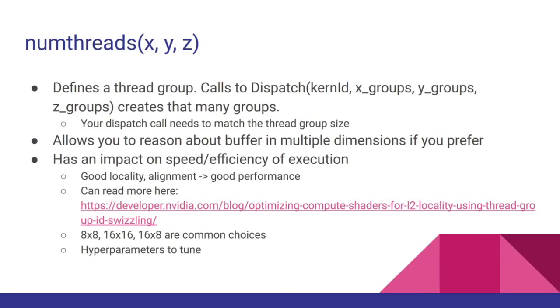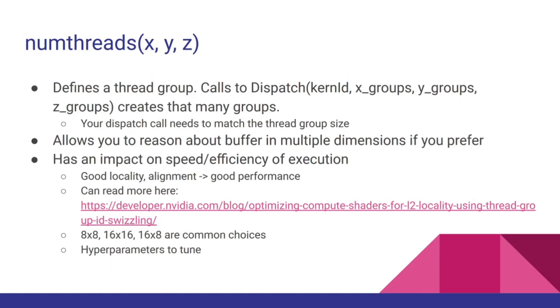But sometimes you have to be a little less friendly code-wise, because the shape of the thread group actually does have an impact on performance. It's really hard to find out why or how.